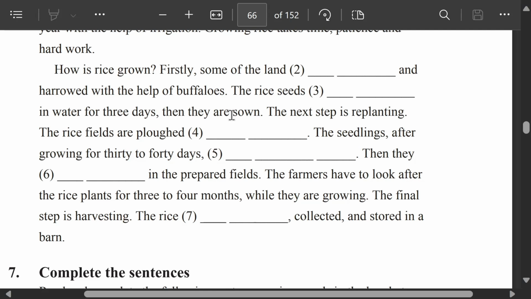First they plow and harrow, and then they plant the seedlings in the land they already prepared. Like that. Okay. The seedlings, after growing for 30 to 40 days.